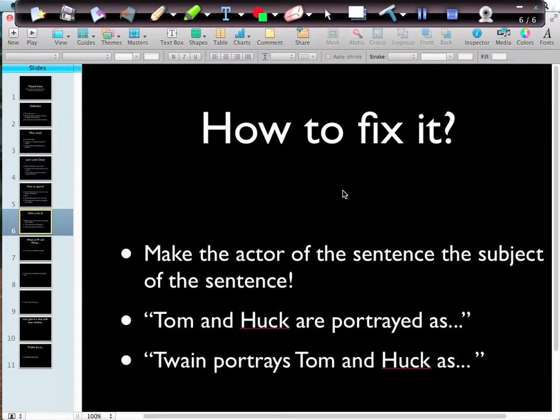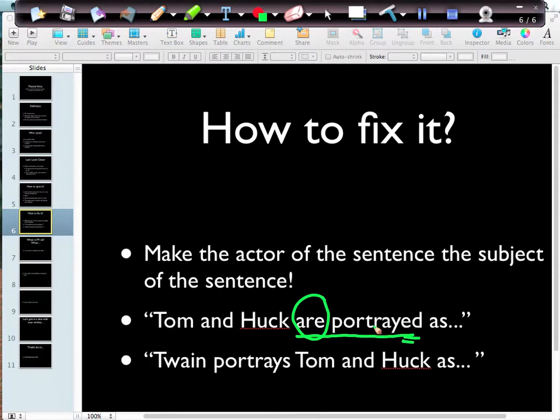Okay, so how do we fix it? It's pretty simple. We make the actor of the sentence the subject of the sentence. We make sure that we have the right person doing the right thing. So here are two examples of saying the same thing. Tom and Huck are portrayed as. Recognizing it is pretty easy once you know what to look for: a form of the be verb and the past participle, the ed.